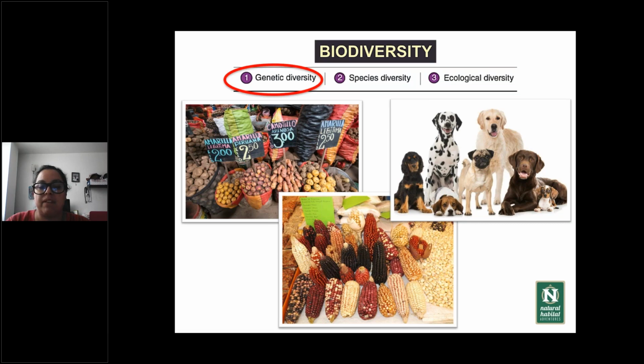So that's another type of genetic diversity. And well, one of the easiest ways to see it clearly is the different types of dogs. They are one same species, but all the different characteristics are the genetic pool that is expressing. So you will see the same genes in a Chihuahua and in a Great Dane, but the expression of those genes is what gives us the diversity.